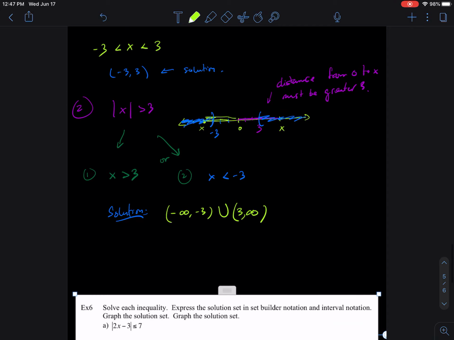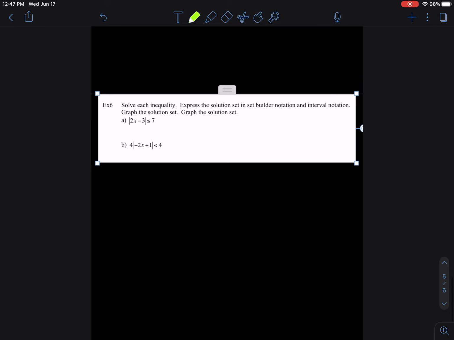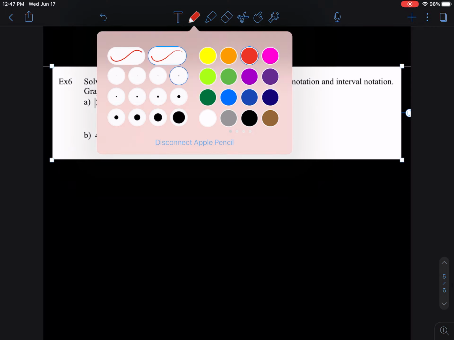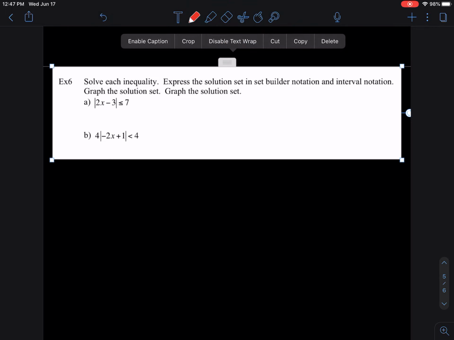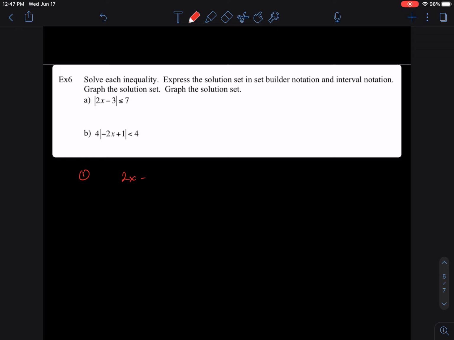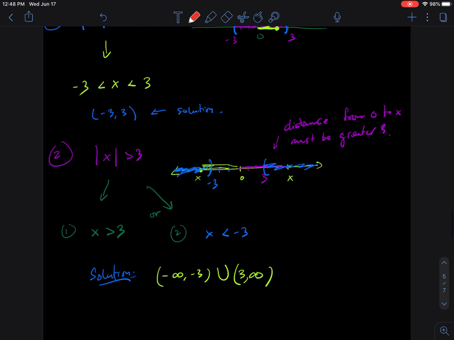Okay. So now when we apply that to this example here, you want to pay attention to the inequalities. Since the inequality is less than or equal to, it's very similar to the one that we did up here.